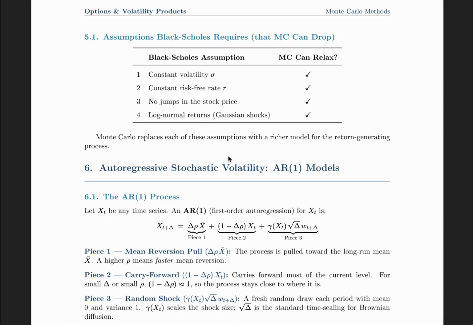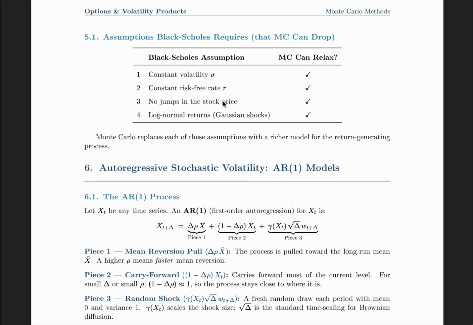Okay, so that's what the Monte Carlo approach does, and as I mentioned, what's the difference between Black-Scholes and Monte Carlo? Why can't we just use Black-Scholes? Well, Black-Scholes assumes constant volatility, constant risk-free rate of return, no jumps in the stock price, which can also be not necessarily a realistic assumption because stock prices do jump, say after an earnings event, right?